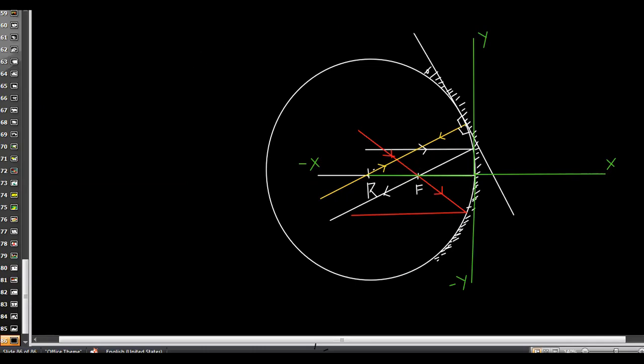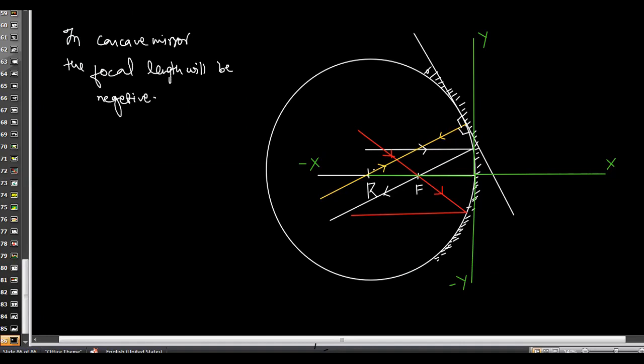So we will say that in the concave mirror the focal length will be negative. Got it, beta? The focal length will be negative.